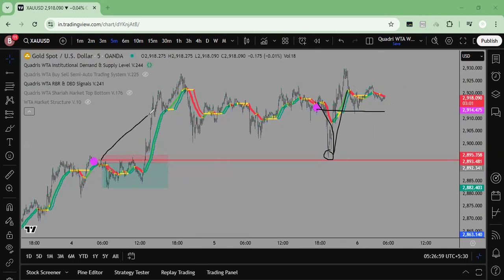We know if an institutional supply level has been broken, then it would get converted into demand. So we are expecting a liquidity hunt till this particular level, and then price went upwards. But it didn't quite touch this particular level.